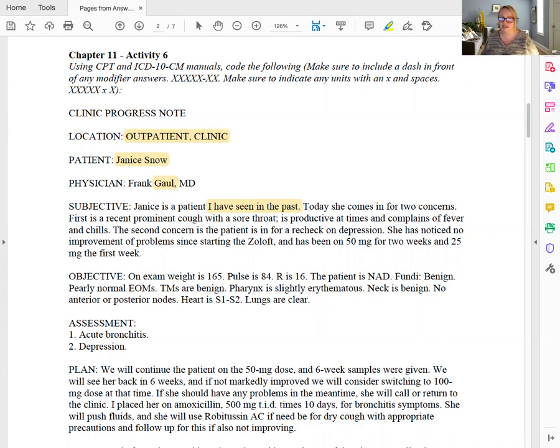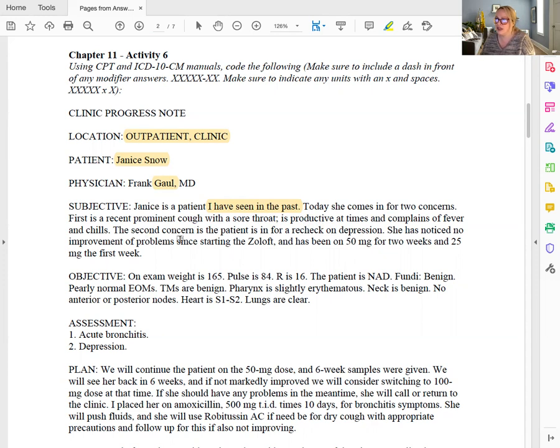Okay, so we have a couple of details here. Number one that I noticed is the doctor didn't give us detail as to the level of history. That's okay, we can look at it together and see that she's coming in for a cough. We've got a description of the cough and associated signs or symptoms. We have information about the product, the type of cough or the quality, and that she has chills, and that they're modifying factors for her depression.